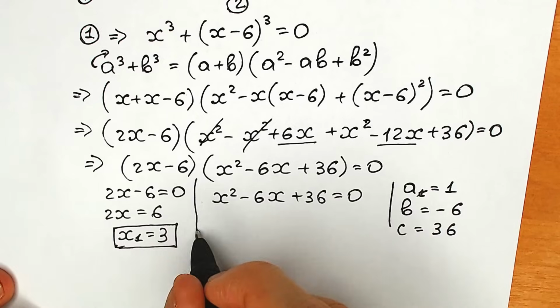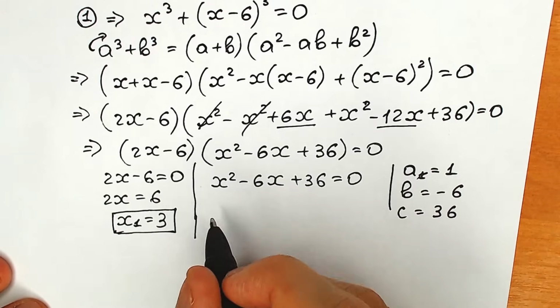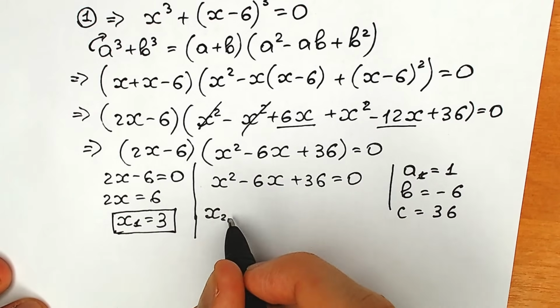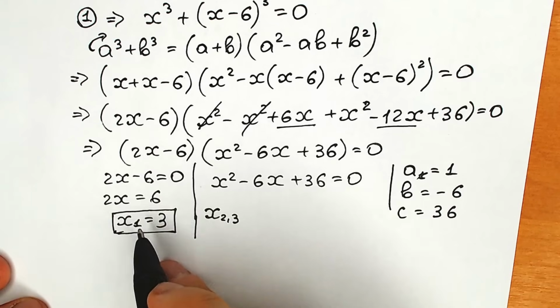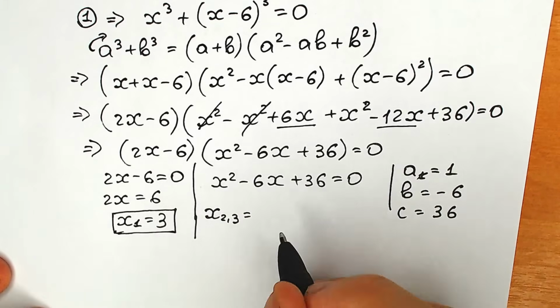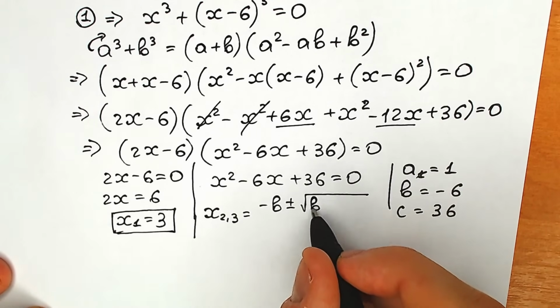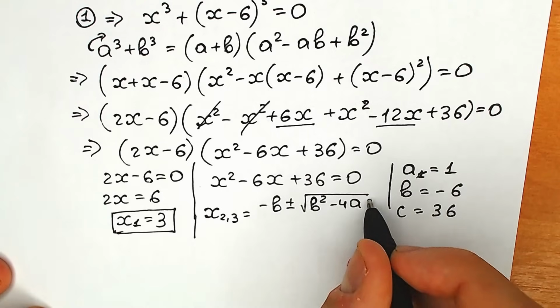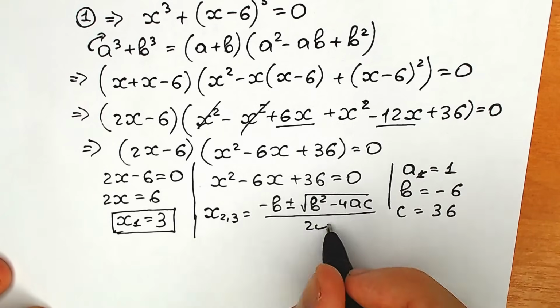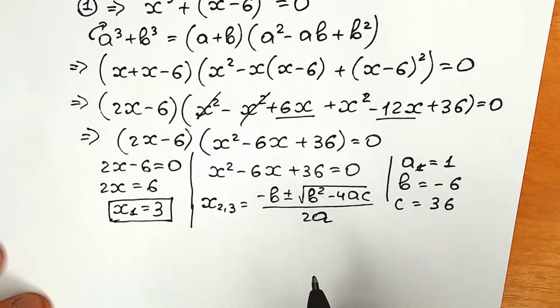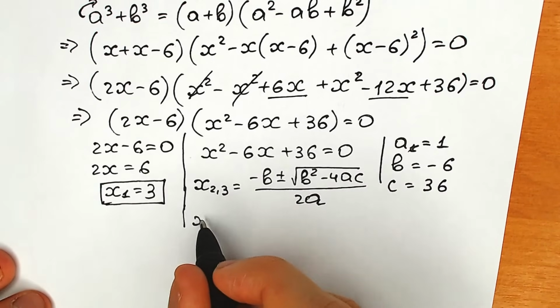Right now, let's plug in each of these elements into this spot. We have right here x second and third because we already have x first. So as a result, we have minus b plus minus the square root of the discriminant, the square root of b squared minus 4ac, and we divide it by 2a. Right now let's plug in all of the things that we know into this formula.